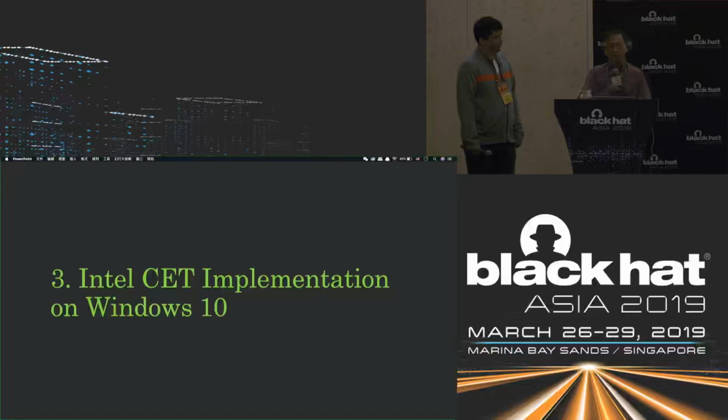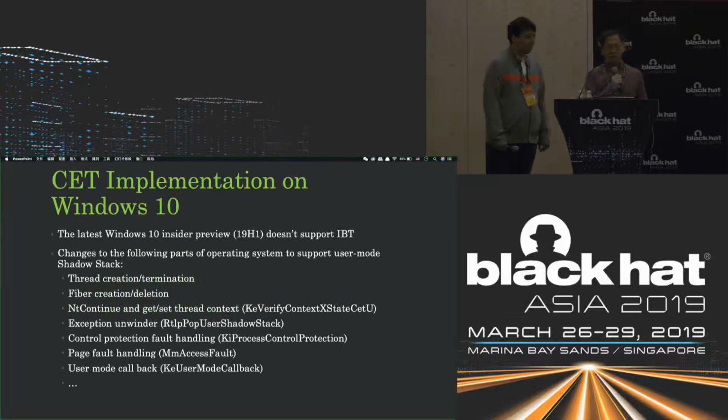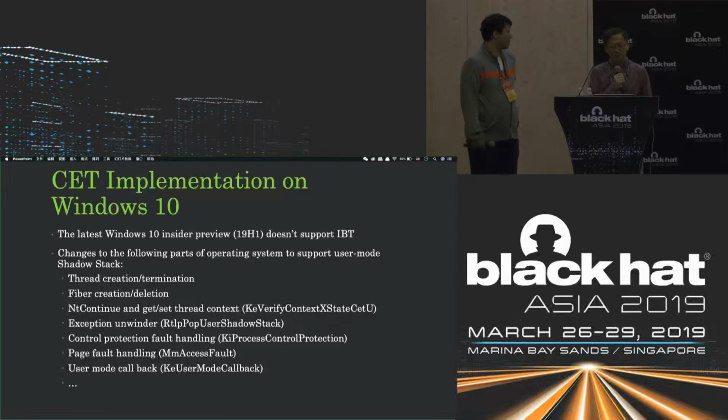Now, let's look at the operating system implementation of it. For Windows 10, in order to implement this, it has to make a lot of changes. The first change it makes is it introduced a lot of enhancement for a lot of those operations.